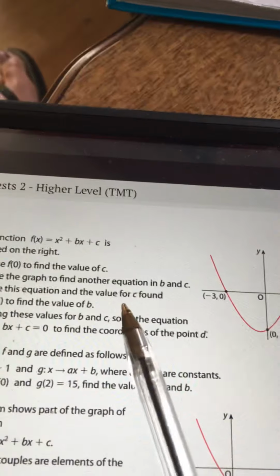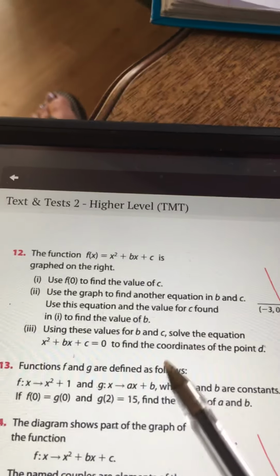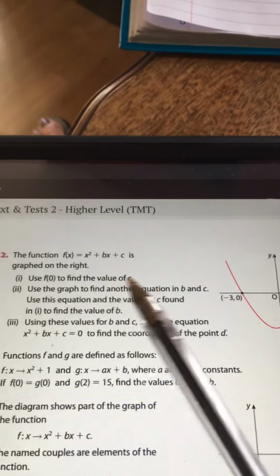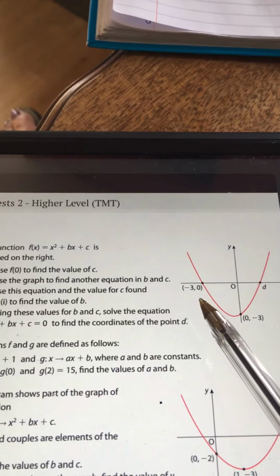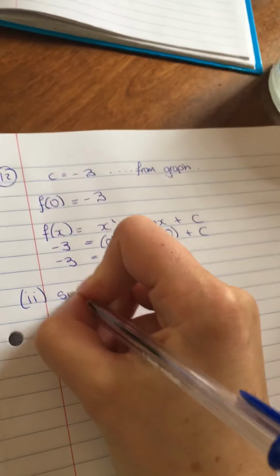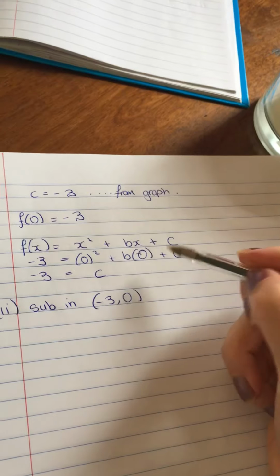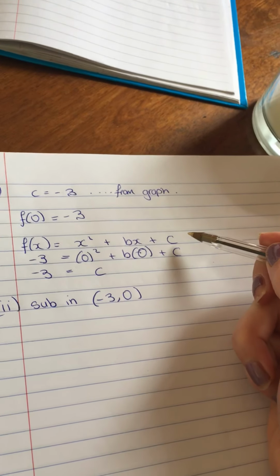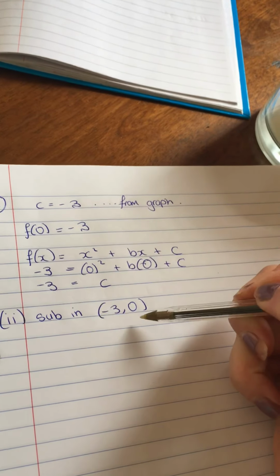Right, then use the graph to find another equation. If you've gone wrong in that first part, then the rest of it was wrong as well, unfortunately. So use the graph to find another equation, so you have another point to sub in. The next part, I would sub in the point -3, 0 into this function. So you're subbing in -3 as x, and letting the whole thing equal 0.